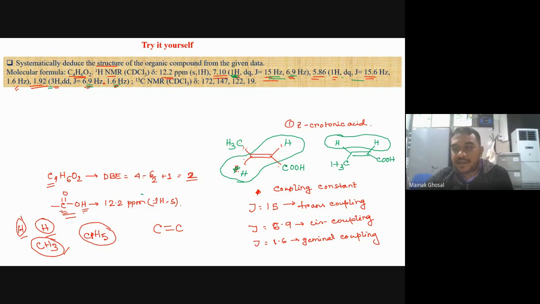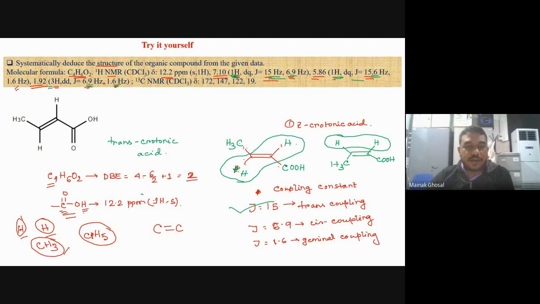So these two hydrogens have the same coupling constant, and this indicates that they are trans coupled. So the only possible structure is this one, which is known as trans crotonic acid.